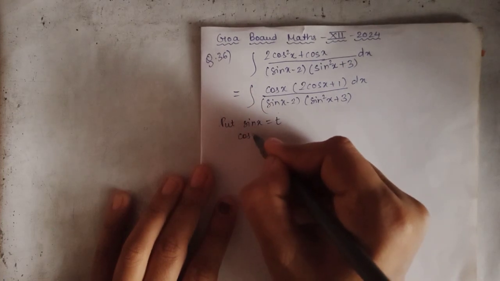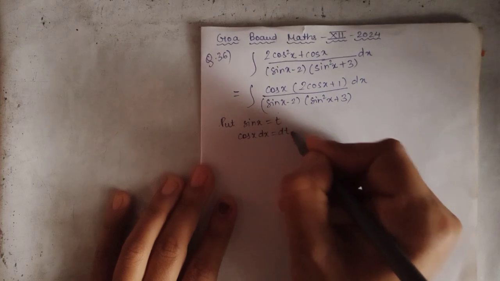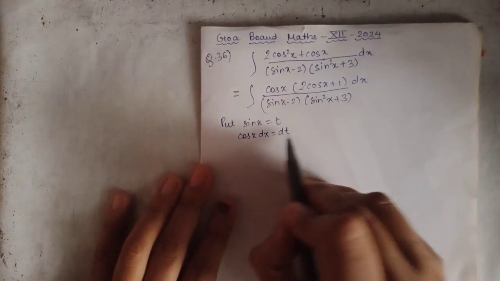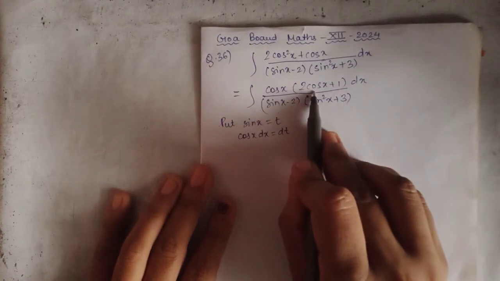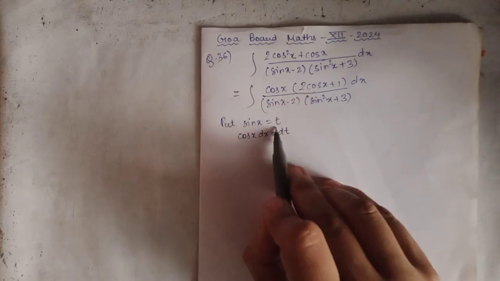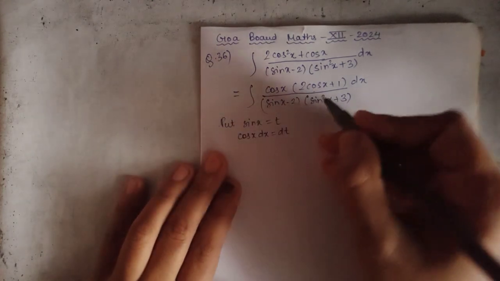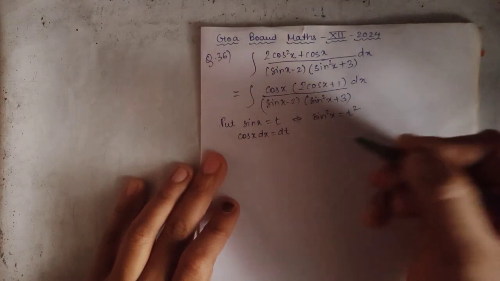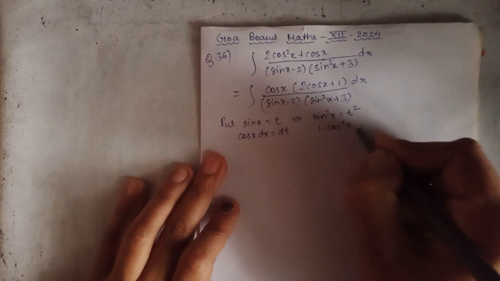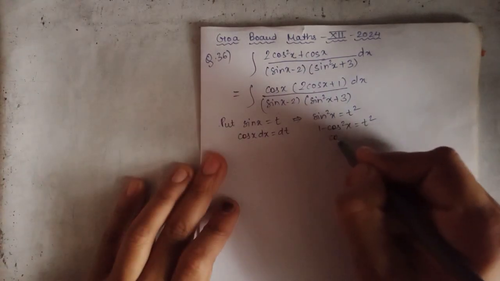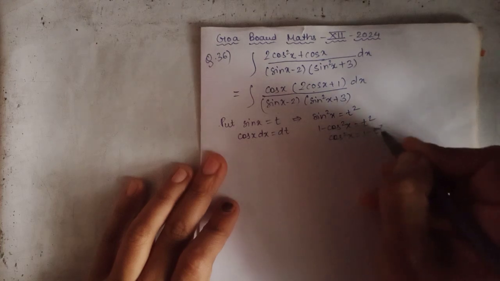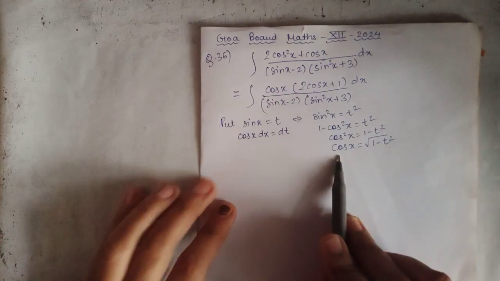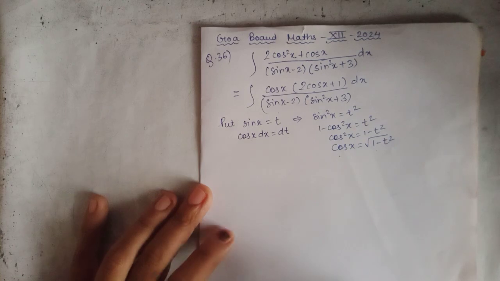Taking the derivative, cos x dx equals dt, but this other cos x remains, so we have to convert it into t. sin square x is t square, 1 minus cos square x is t square, so cos square x is 1 minus t square, and cos x is root of 1 minus t square. So in place of cos x, you can substitute root of 1 minus t square.